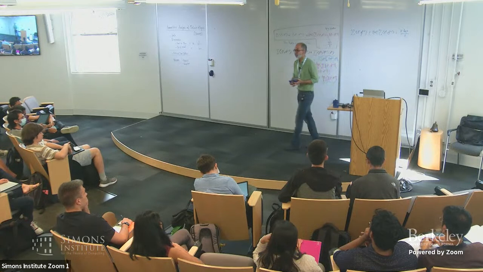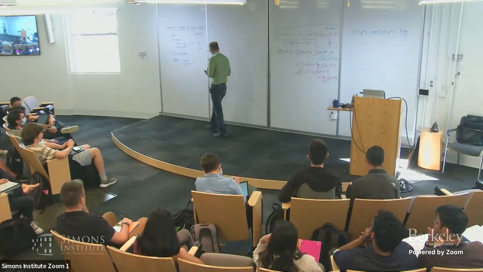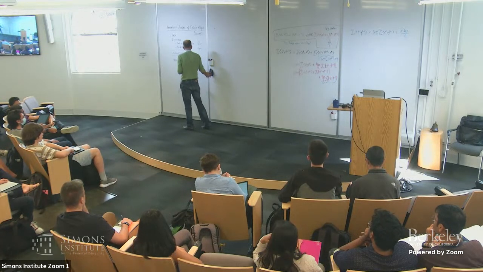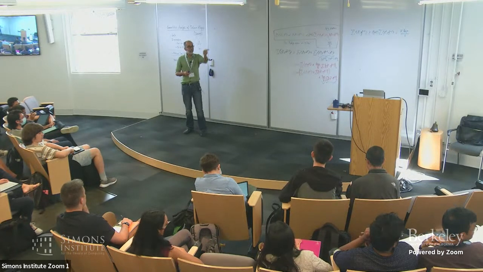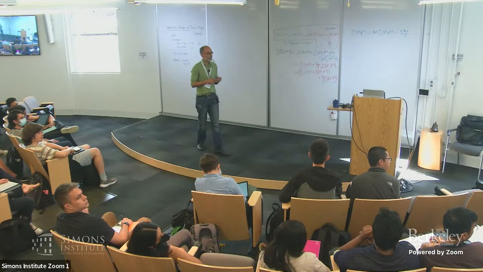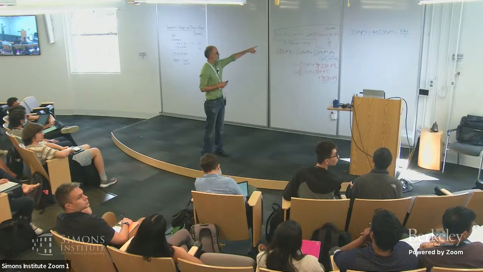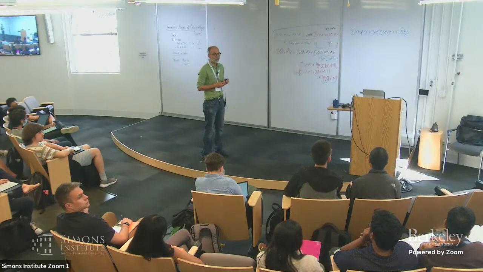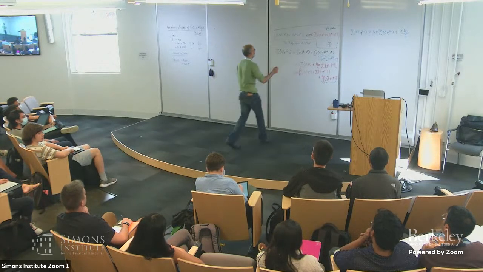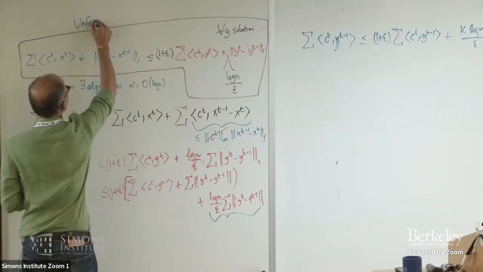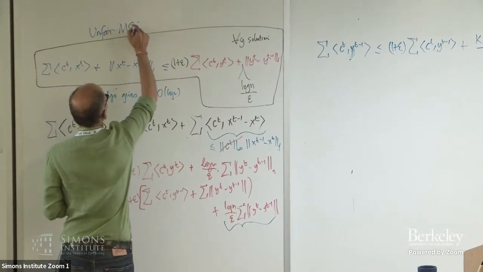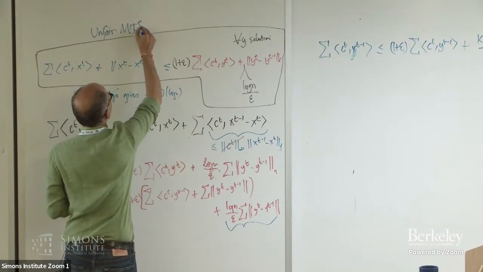Other questions? Because what I'll do otherwise is I'll tell you about a couple of other problems. Right. It's not a usual approximation. It's like a bicriteria. Right. So if you are interested in this thing, there's a variant of MTS called unfair MTS.